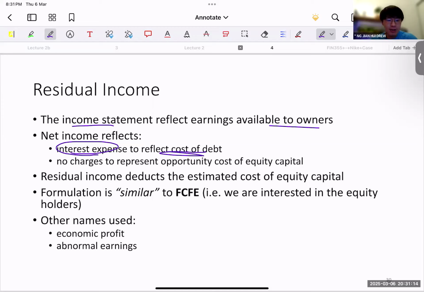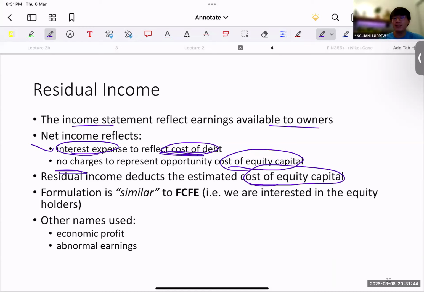However, it does not take into account your cost of equity capital. There's no charge for your cost of equity, which is why there is maybe a disjoint, and therefore people are interested in this concept of residual income, where we are going to consider the cost of equity capital in addition to just the cost of debt, which is reflected in your interest expense.